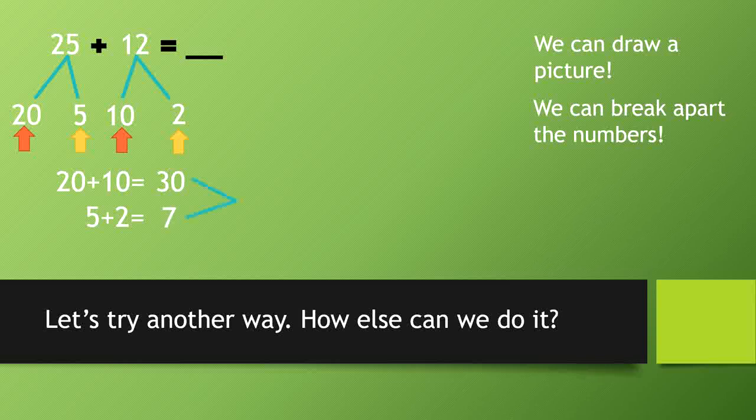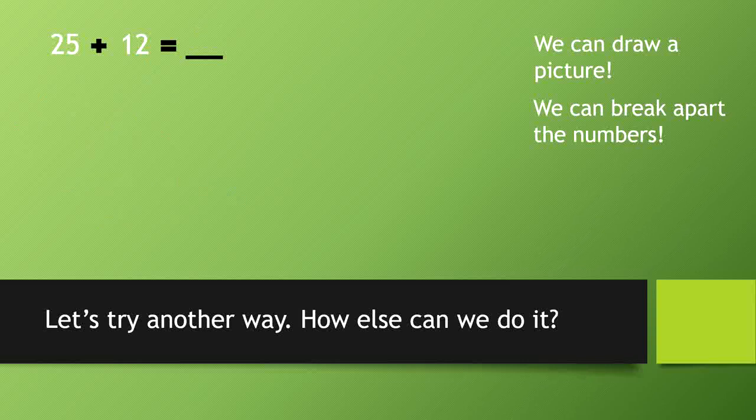Then we can combine our tens whole and our ones whole, and we'll get our total whole. 30 and 7 combine to be 37. And that is our answer. 25 plus 12 equals 37. Great job. Is there another way that we can do it?